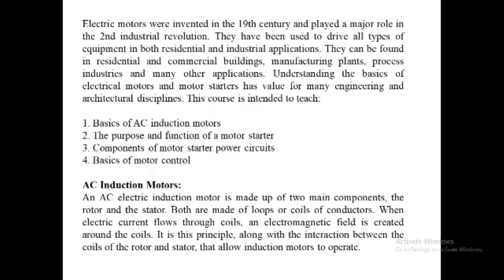When discussing AC induction motors, it is common to refer to them by their synchronous speed, even though they actually operate slightly slower. The synchronous speed of the motor can be calculated by using the formula: Ns equals 120 times system frequency divided by number of poles, that is 120 f upon P. The speed at which the motor turns when driving the rated load at the rated voltage is the full load speed, which is stamped on the nameplate.